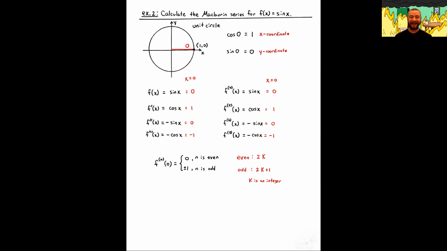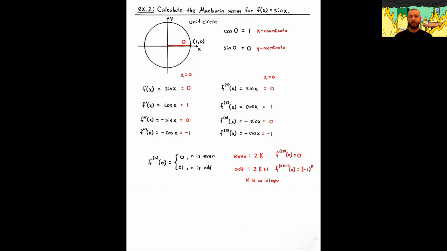It is all the odd ordered derivatives, for instance f prime, f triple prime, the 5th order derivative and then the 7th order derivative, those are all then positive or negative 1. So recall an even number is of the form 2 times an integer, an odd number is of the form 2 times an integer plus 1. After every even number is an odd number, that's the plus 1. We get this nice pattern.